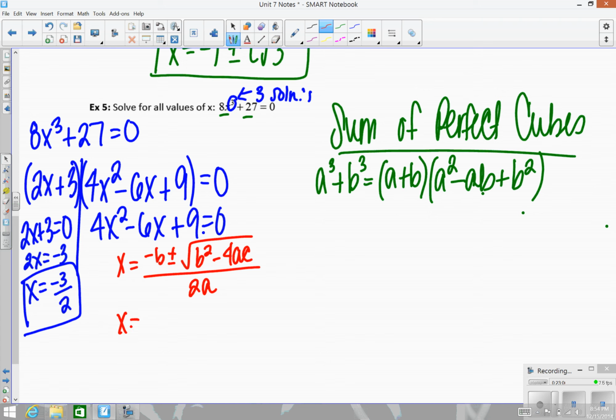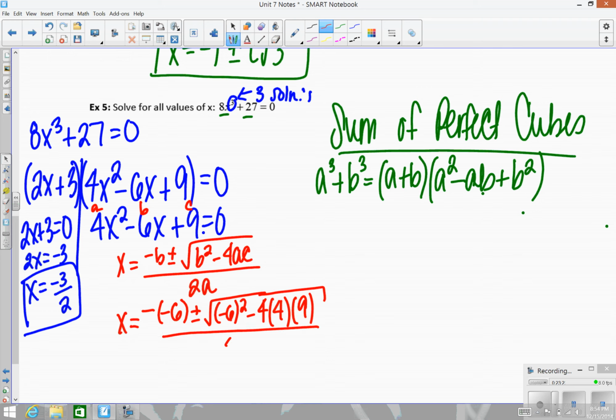So I'm going to plug in a, b, c. Negative 6 is in for b, plus or minus negative 6 for b, squared minus 4a, which is 4, c is 9, all over 2a.